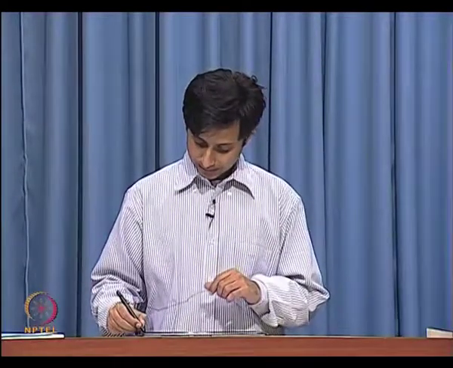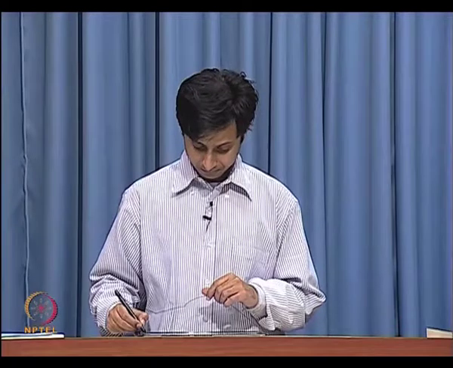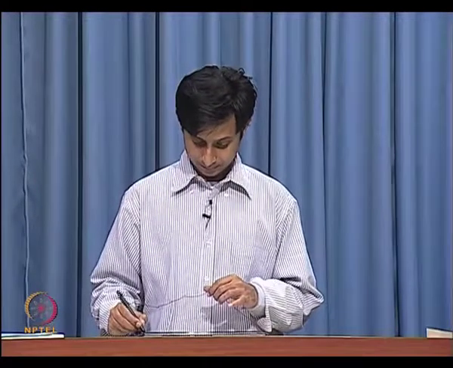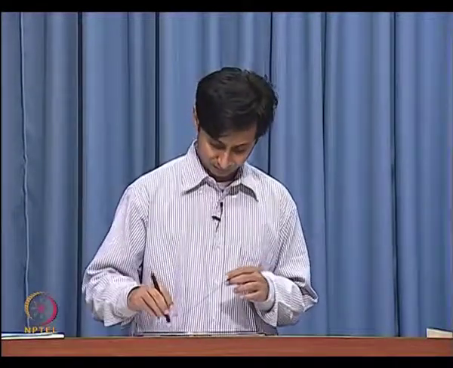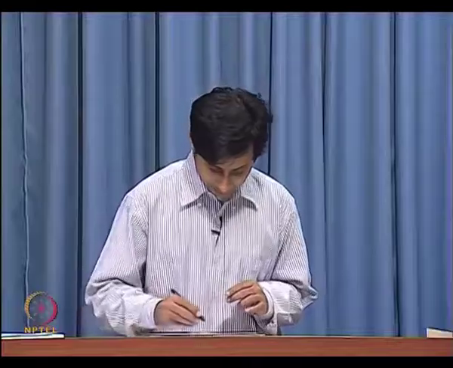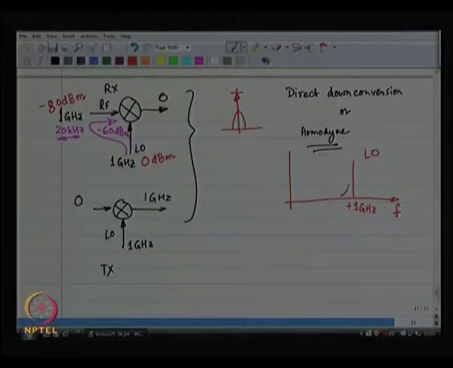Okay, this is just an example. So, now let us go back to our example. So, your local oscillator is never going to be this perfect signal. Your local oscillator really is going to look like this.